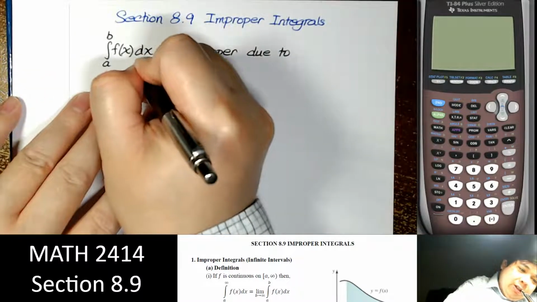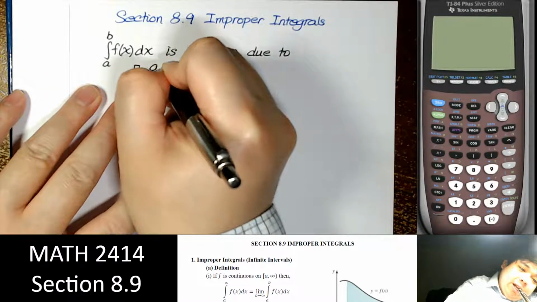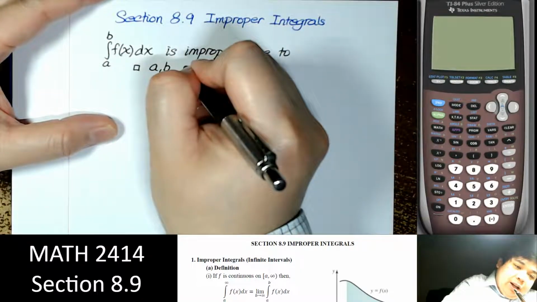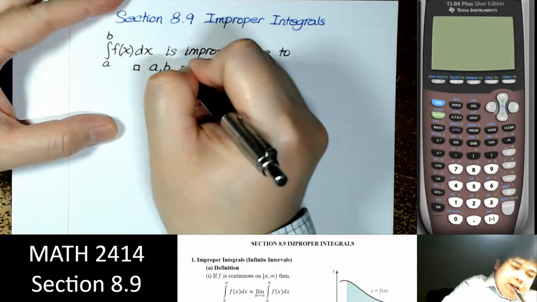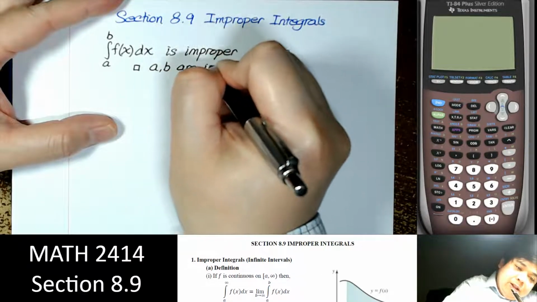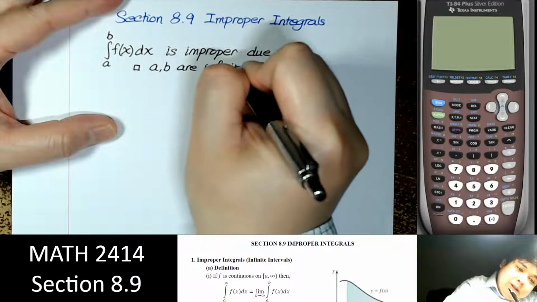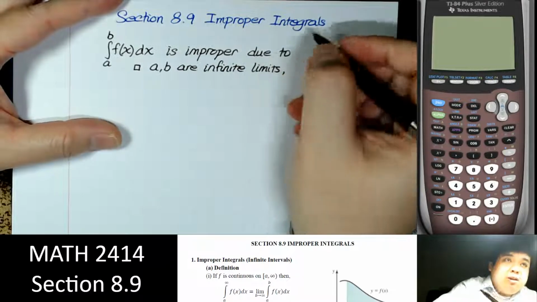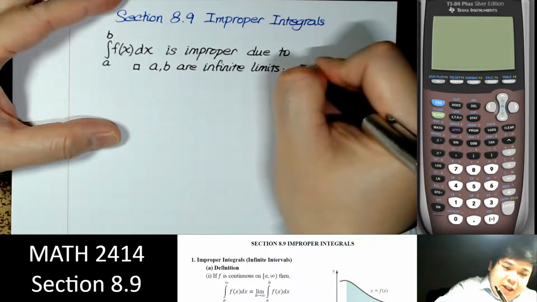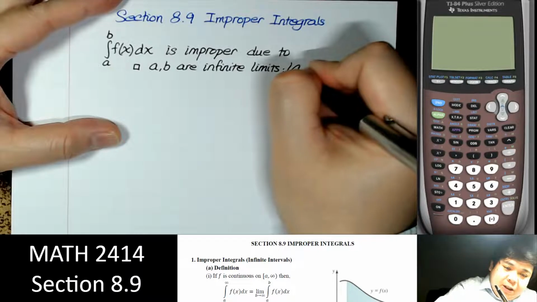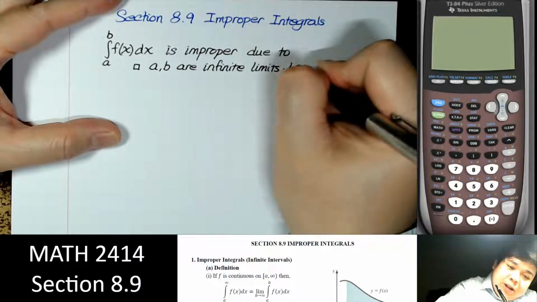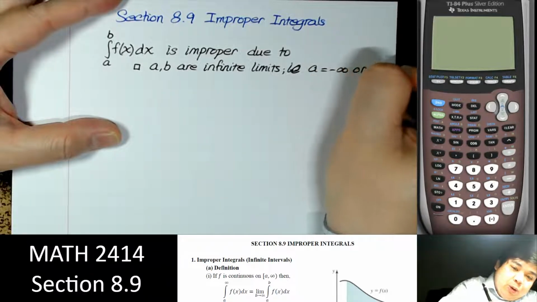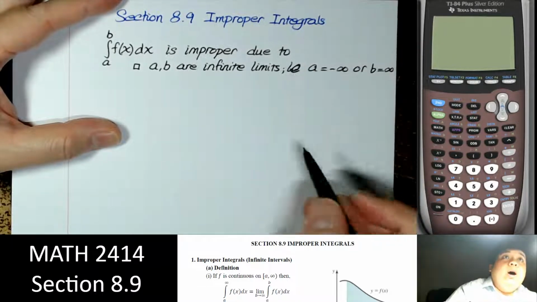Number one, a and b are infinite limits. In particular, meaning that a equals negative infinity or b equals infinity, maybe both.